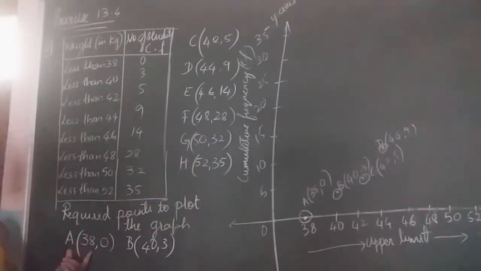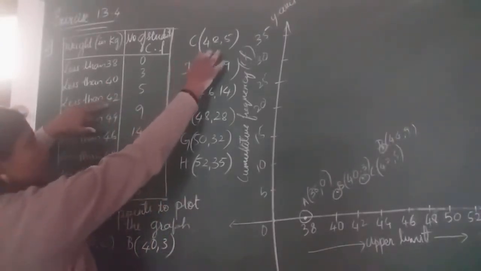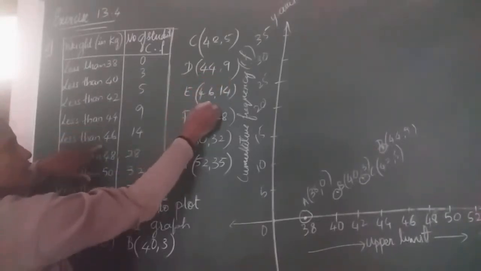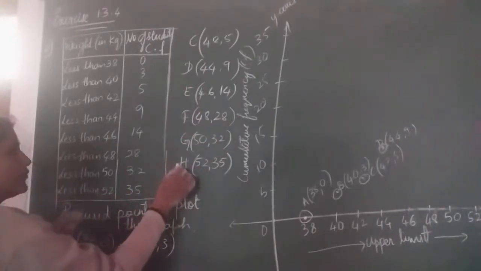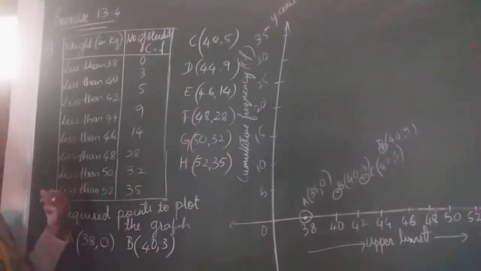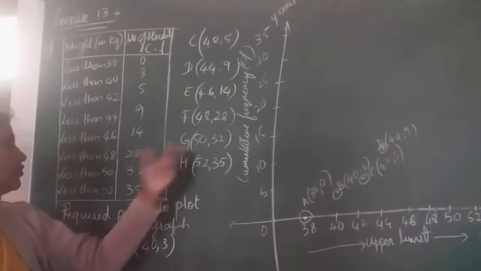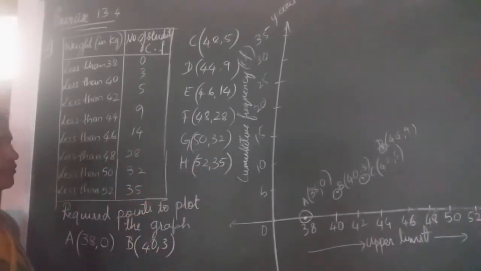So let us take point A 38 to 0, point B 40 to 3, next point C 42 to 5, point D 44 to 9, point E 46 to 14, F 48 to 28, next G 50 to 32, and H is 52 to 35.